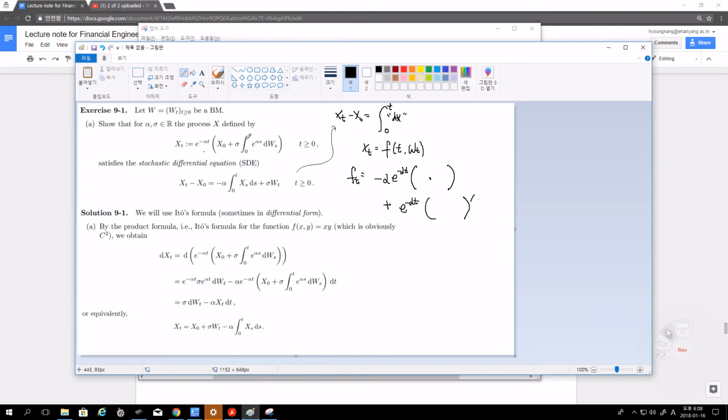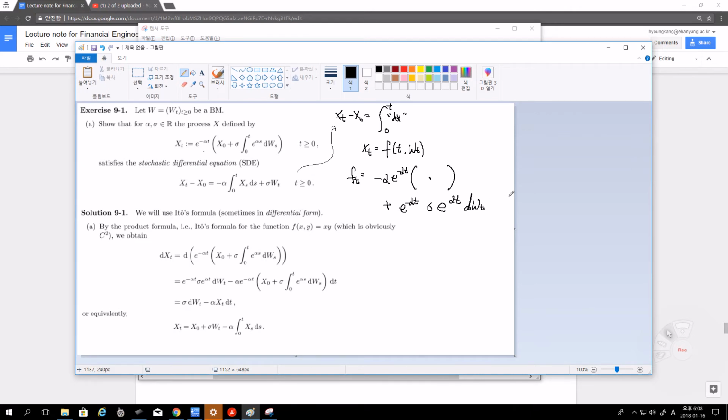So integration is the inverse of differentiation, as you know. So if we take the derivative, then we have just this part, right? Then we have sigma, and we write down the same thing, e alpha t dwt. So we are done.